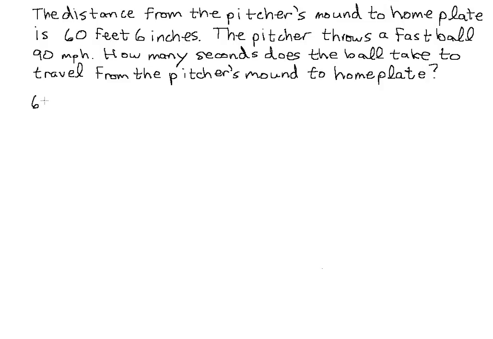So let's do this. We have 60 feet 6 inches, and we can rewrite this as 60.5 feet, because there's 12 inches in every foot. We're converting feet to miles, and 1 mile contains 5,280 feet.